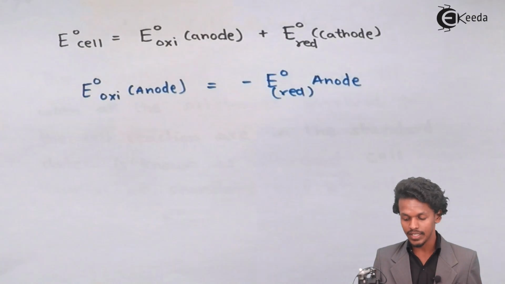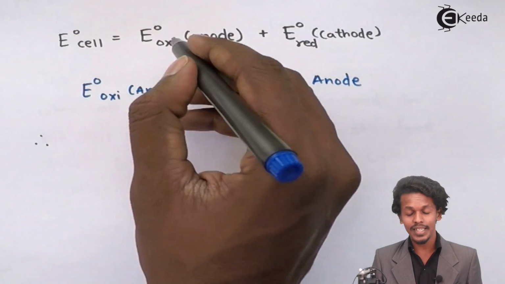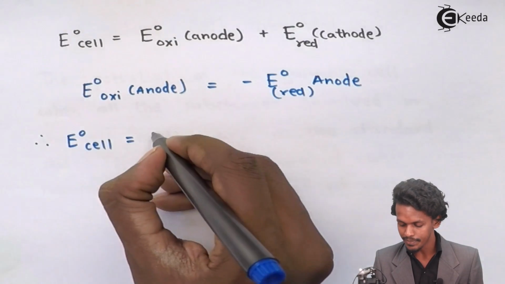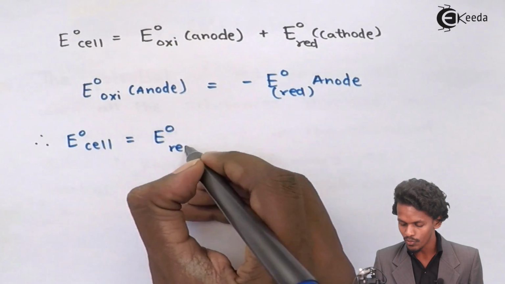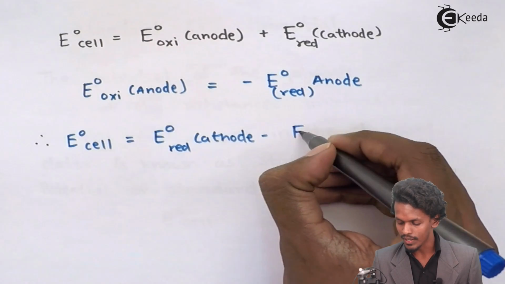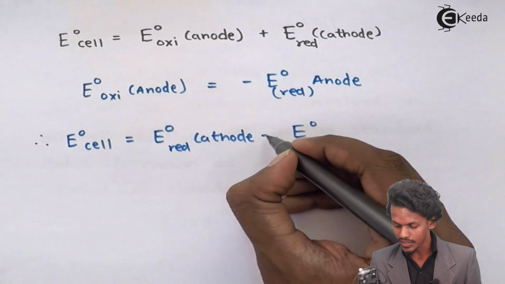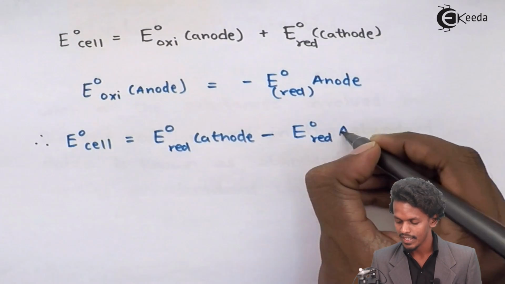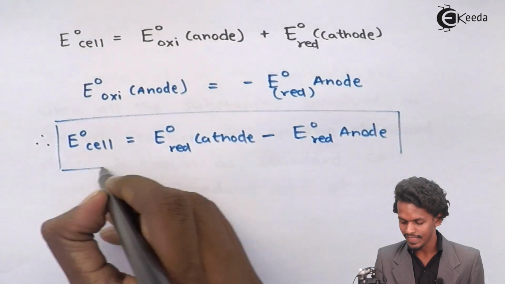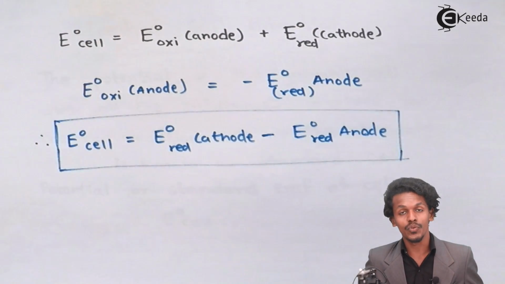One will be positive while the reduction one will be negative. So this thing can be substituted in this formula, so we could get E cell equals, I would write it directly, E naught of reduction value for cathode minus E naught, that is the standard potential during the reduction process at anode. So this is the formula that we have evaluated, and this would be very much helpful in the future.